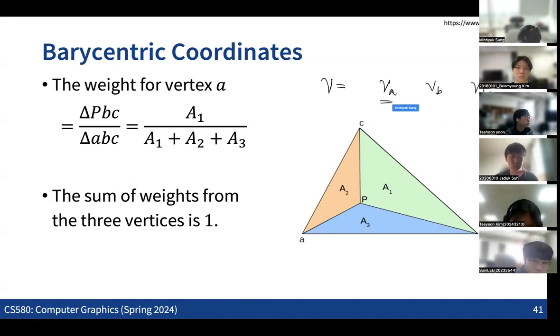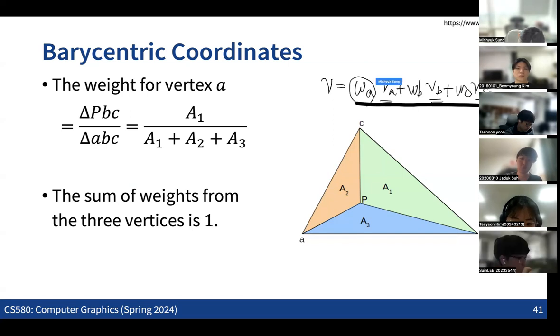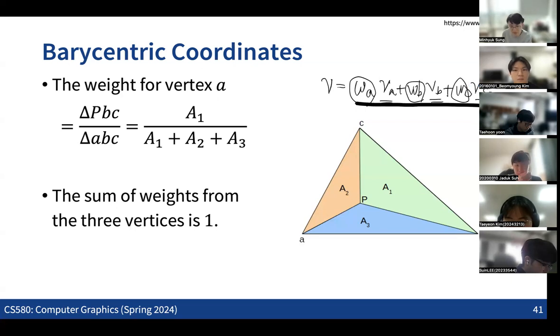So let's say these are the properties for each of the vertices A, B, C. Then we want to compute the interpolation weights: WA, WB, WC. So we want to interpolate the properties of the vertices A, B, and C. Then these weights for the interpolation can be computed based on the areas of the triangles.